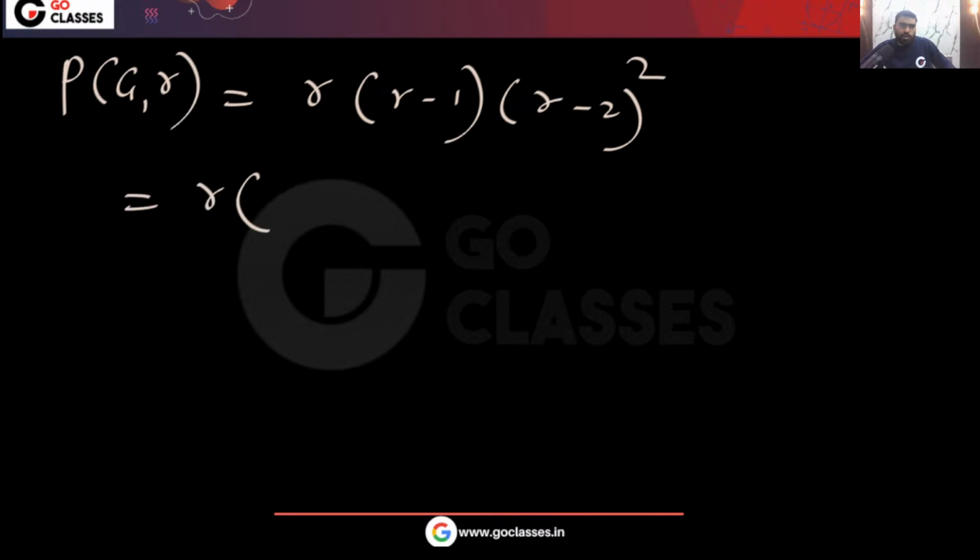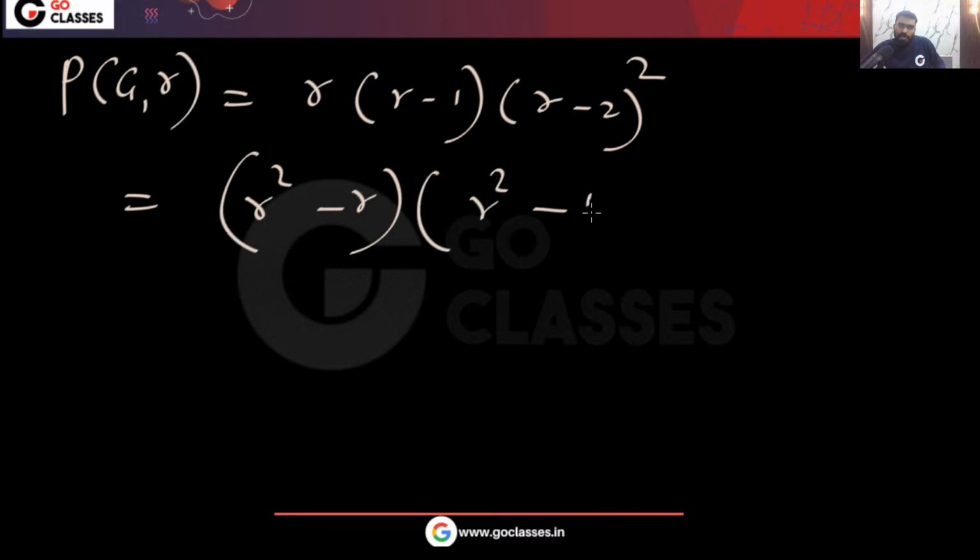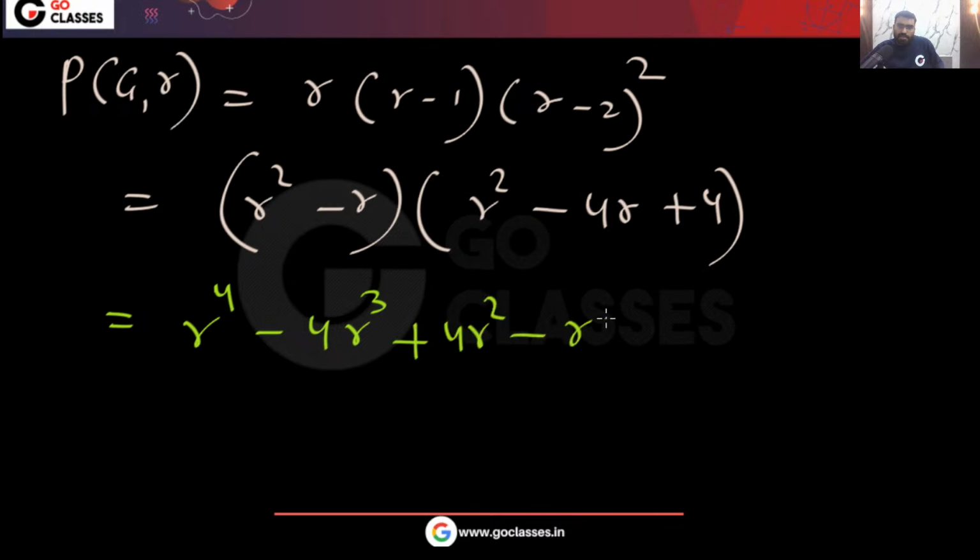If you open it, what you will get? You will get R square minus R multiplied by R square minus 4R plus 4. If you open it, this will be R power 4 minus 4R cube plus 4R square, minus R cube plus 4R square minus 4R.